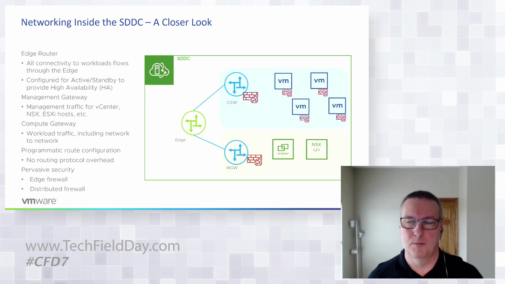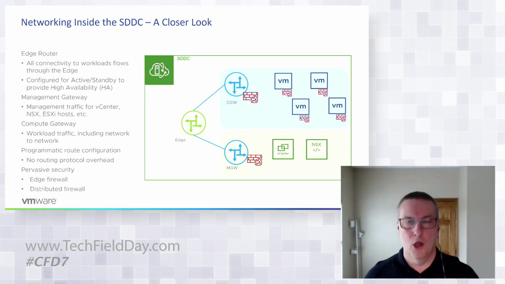We want customers to be able to onboard and take advantage of the service quickly without necessarily having to become a networking wizard. And one of the things that we're able to do is not necessarily have a routing protocol between our edge and our CGWs. Because it's software-defined networking, we get to make our own rules, right? And the rules that we're living by is it's a programmatic route configuration, right? Which also simplifies the infrastructure and reduces the amount of overhead we have.